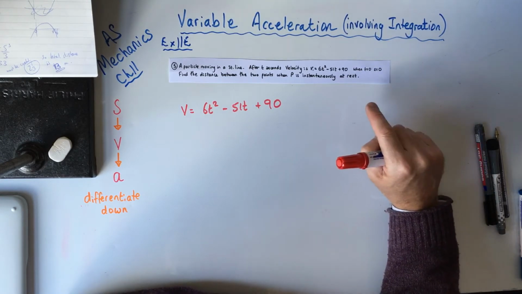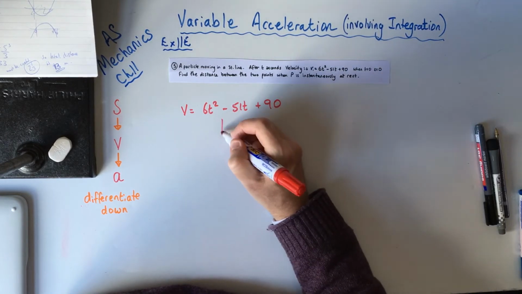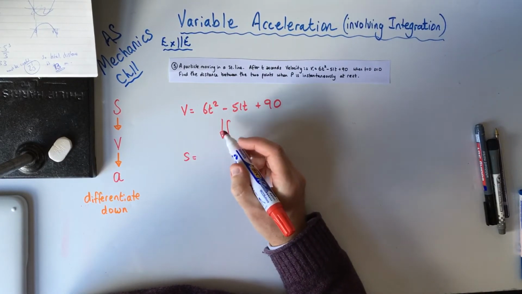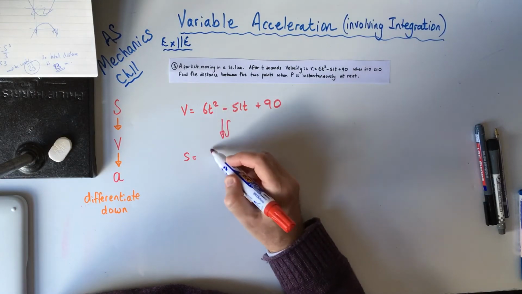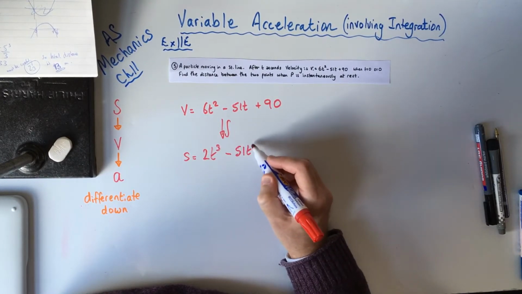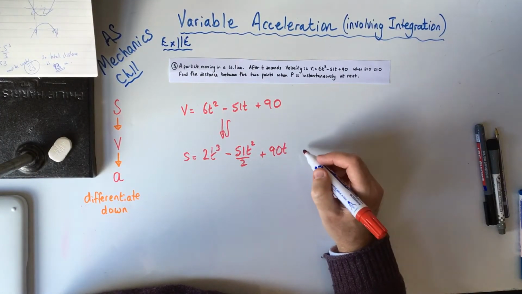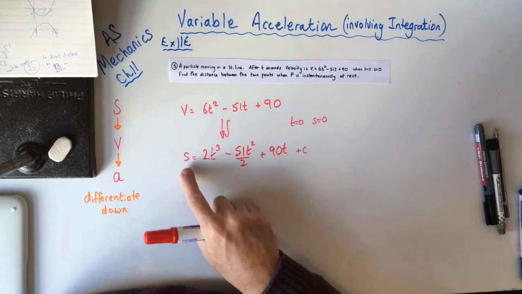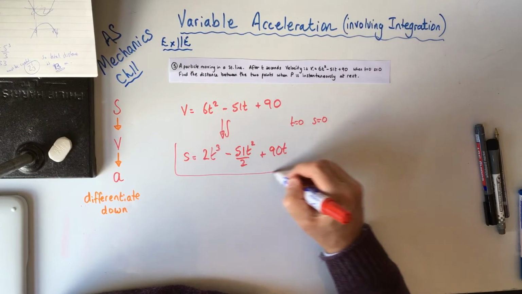So there we go, we've got a coordinate, haven't we? So let's just integrate this straight away to find out what that is, and we get t cubed divided by 3, so it's going to be 2 minus, oh that's awkward, 17t squared over 2 plus 90t, and we've got plus c on the end, but this time t is 0 when s is 0, so when we put 0 into there, that c is going to be 0, so we can just get rid of that straight away, it makes it nice and easy.